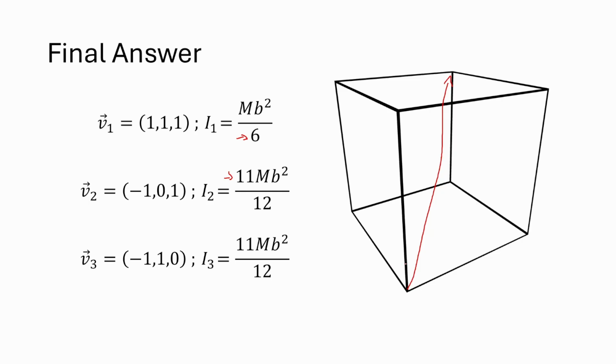Okay, so -1, 0, 1. So that is, there we go. That's this direction. And then -1, 1, 0. That is the corner to corner along the bottom face of the cube direction. So these are the three special axes. One of them is the diagonal from corner to corner.